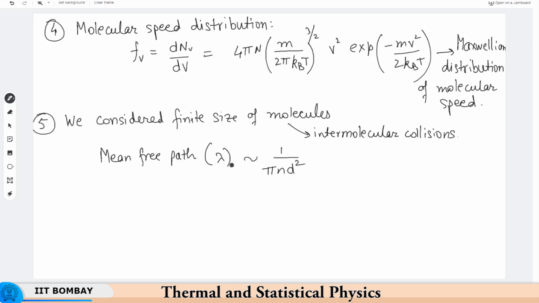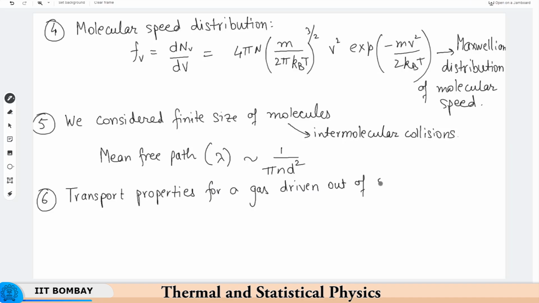And using this concept, we also considered situations where the gas was driven out of equilibrium. So basically we did transport properties for a gas driven out of equilibrium.